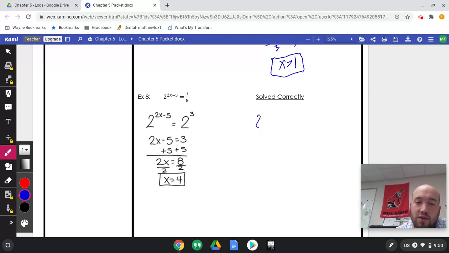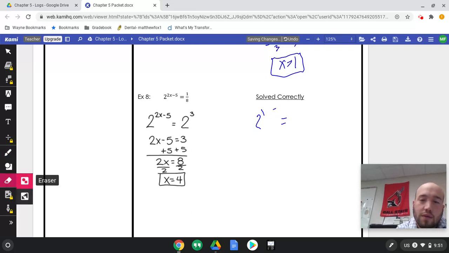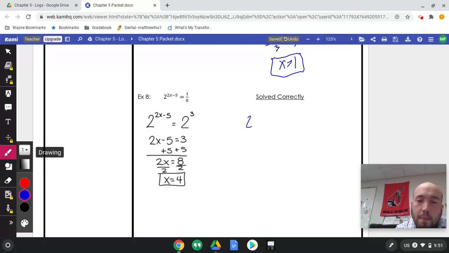Okay, so that should be 2 to the 2x minus 5. But then 1 over 8 is 2, because 8 would be the 2 to the third. It's a fraction, so 2 to the negative third.